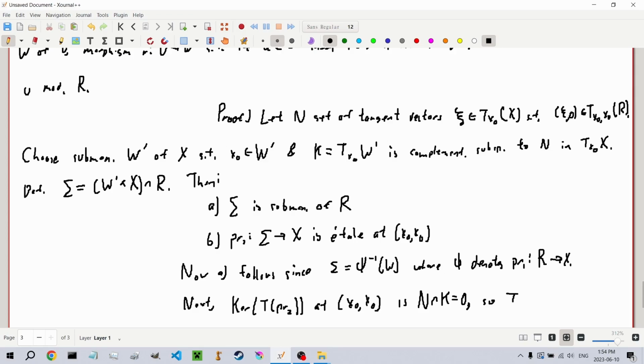So the tangent of the second projection PR2 is injective.